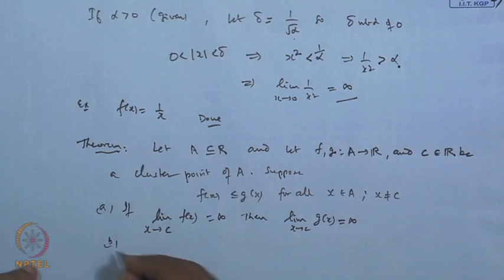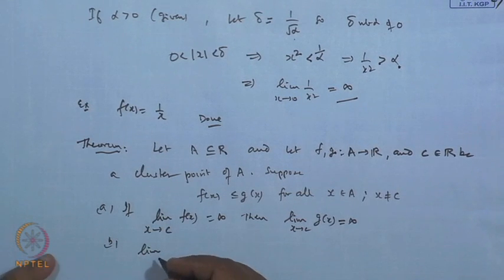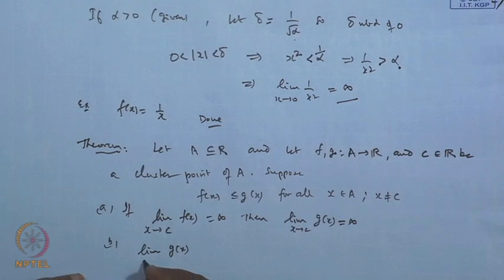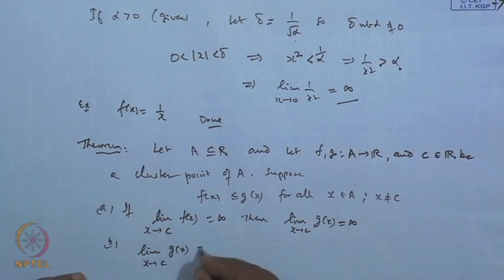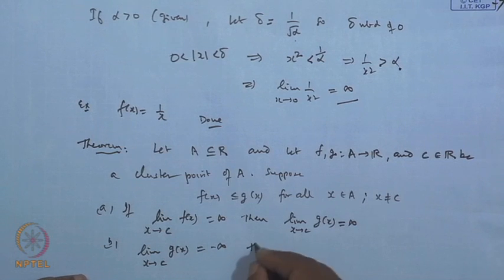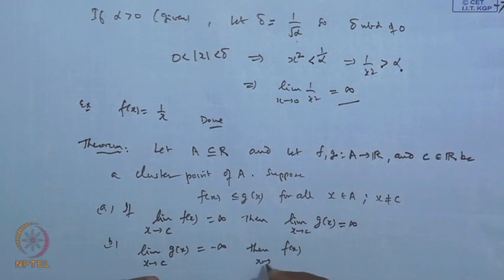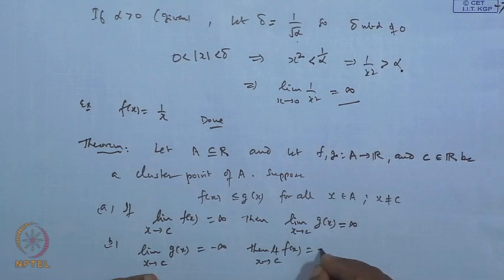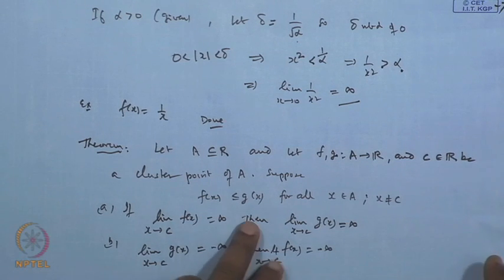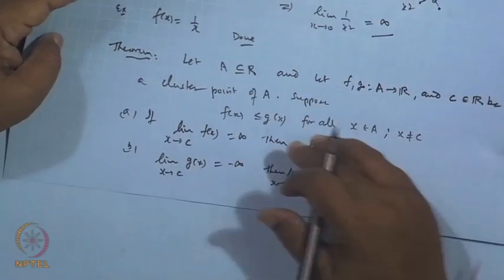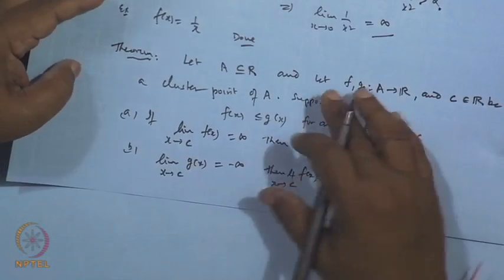And part B is, if the limit of g(x) when x tends to c is minus infinity, then the limit of f(x) when x tends to c will be minus infinity. Of course, this one can obviously say. So, we are just skipping the proof for it.